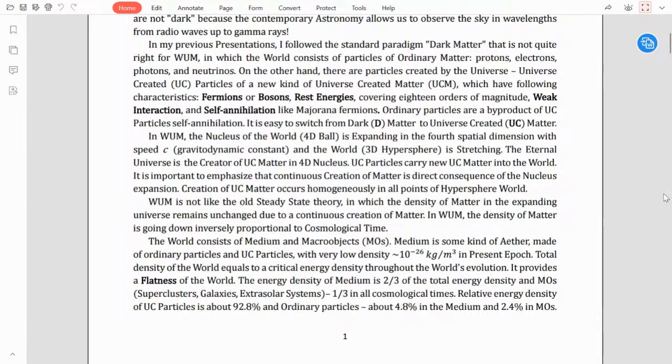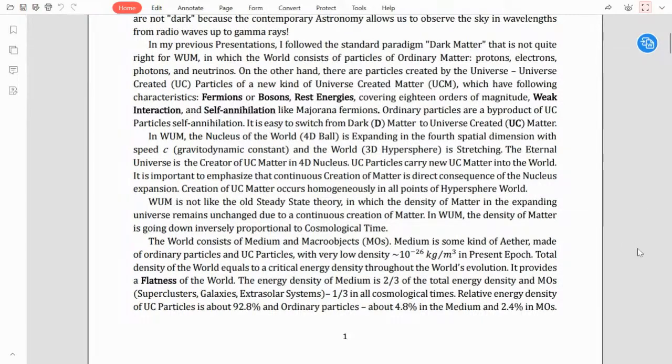The world consists of medium and macro objects. Medium is some kind of ether made of ordinary particles and UC particles with very low density, about 10 to the minus 26 kilogram per cubic meter in the present epoch. The total density of the world equals the critical energy density throughout the world's evolution. It provides the flatness of the world.